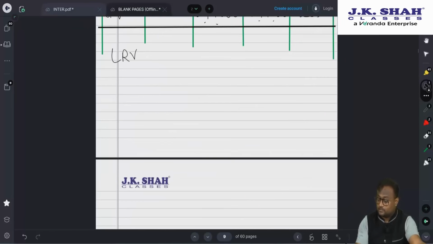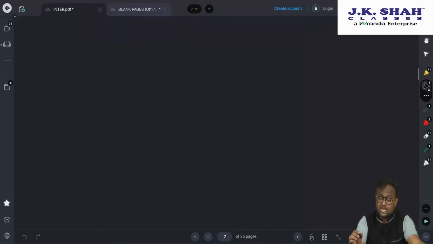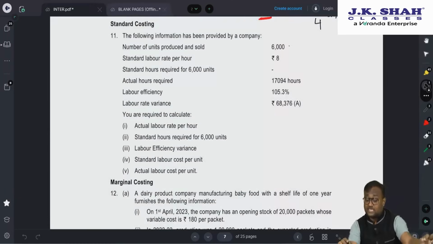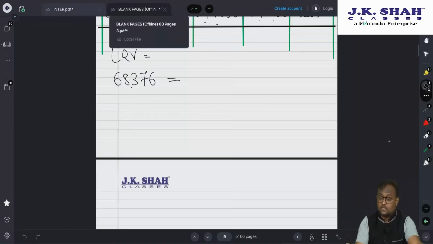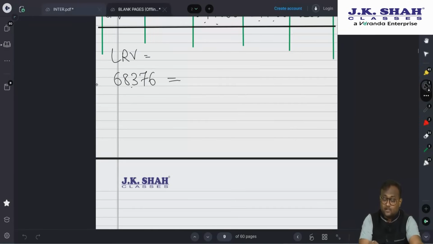Labor rate variance 68,376 adverse. If you are saying it is adverse, that means your standard rate must be lesser than the actual rate. Your actual rate of wages must be more. That means if standard rate is less, actual rate is more, your answer will be negative.